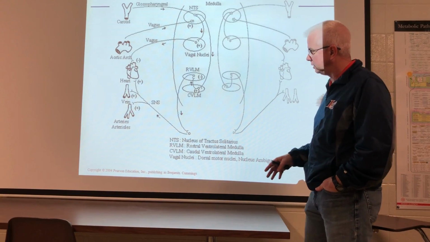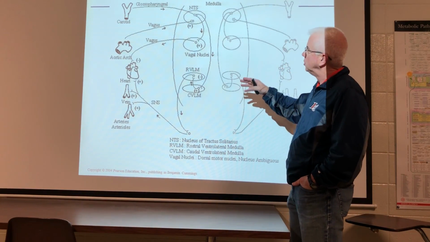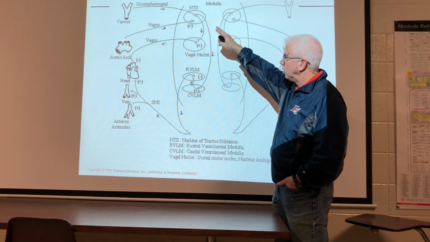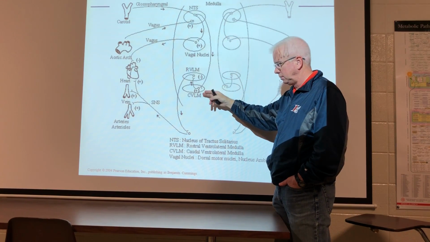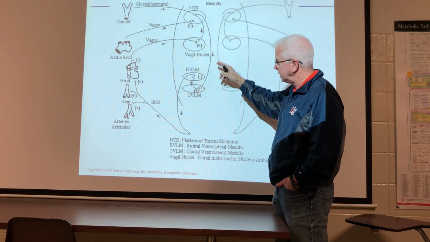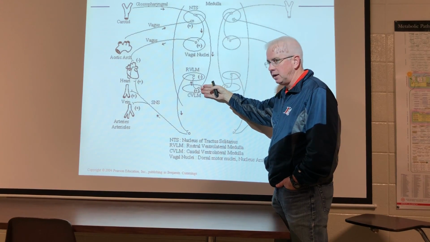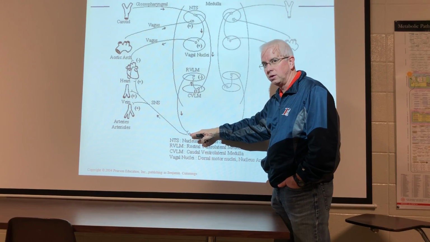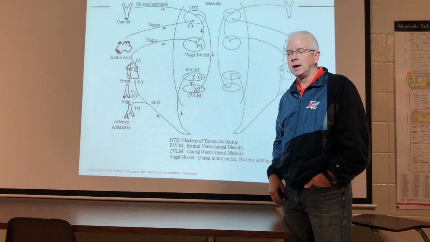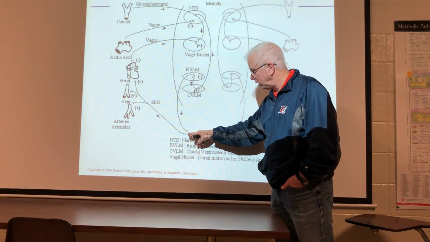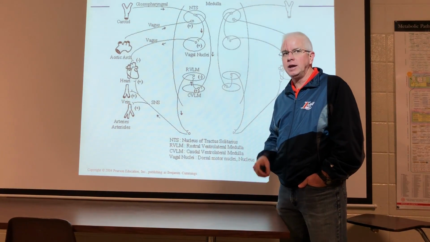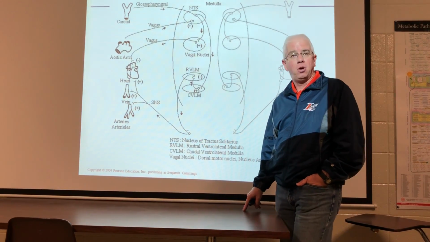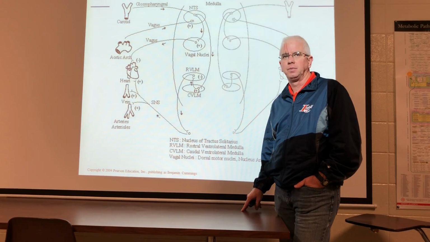Now you can also see here that there are connections within the medulla that then connect with neurons in the spinal cord. So medullary nuclei connect with neurons located in the spinal cord that are part of the autonomic nervous system.